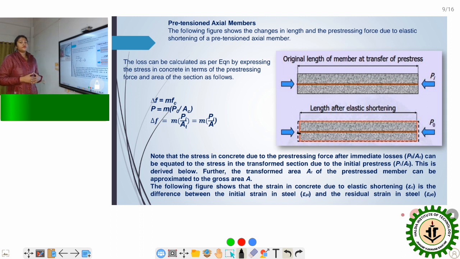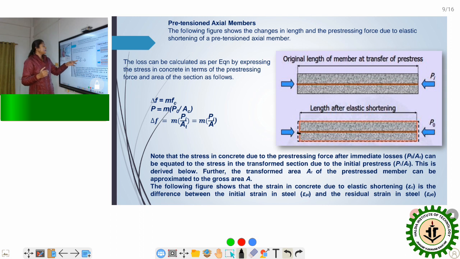the reduced pre-stressing force after immediate losses by Ac, that is Fc, is equal to P0 by Ac. So from there we can say that P0 by Ac is equal to the same amount of stress that has gone to the pre-stressing steel as well. So whatever stress is in the concrete, the same stress is within the pre-stressing steel.